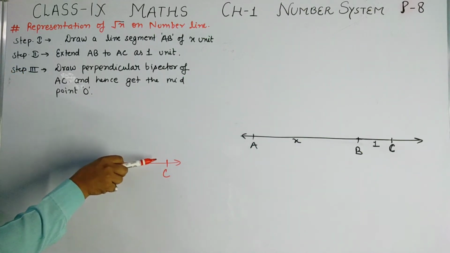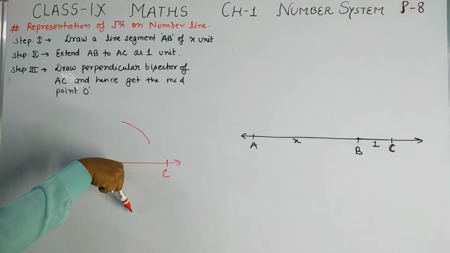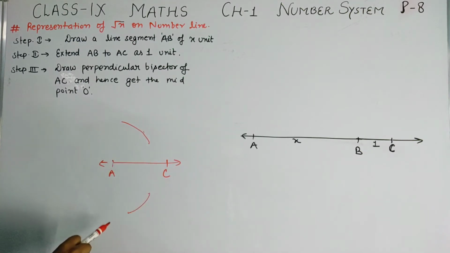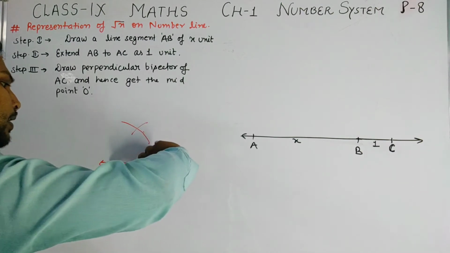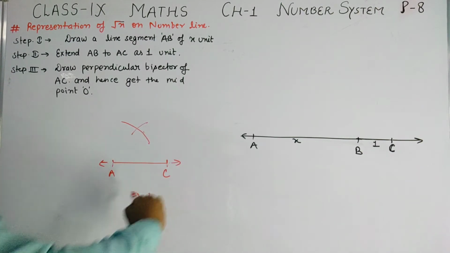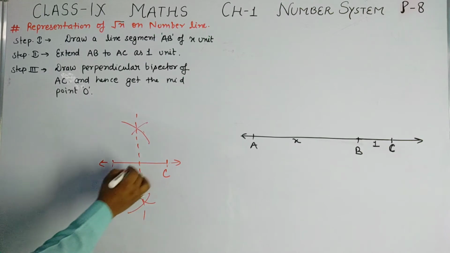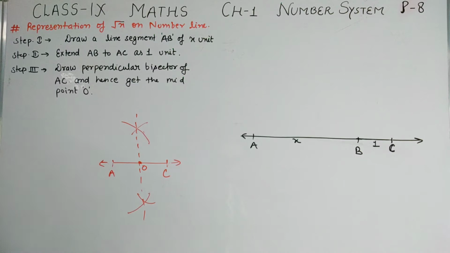We'll keep the compass at A and, taking more than half the distance, we will mark an arc above this line and below this line, and after that we'll keep the compass at C, and with the same radius we will mark the arcs like this. Okay, and after that we will join these. So if we join this, then whatever point we get here, suppose it is point O, that will be the midpoint of that line segment.